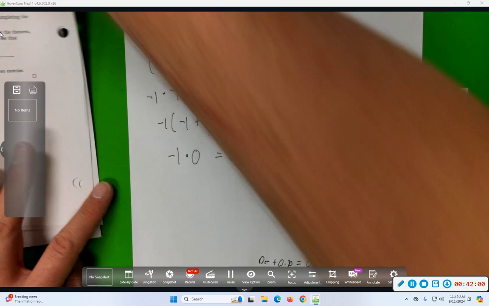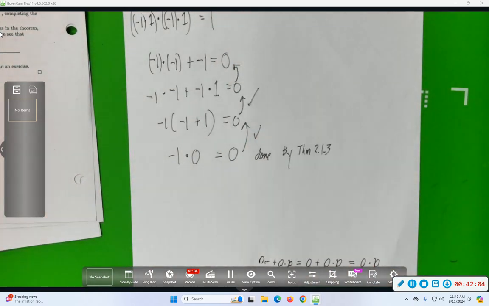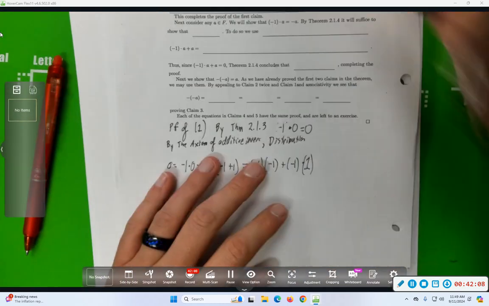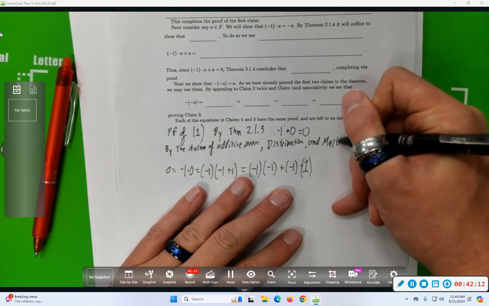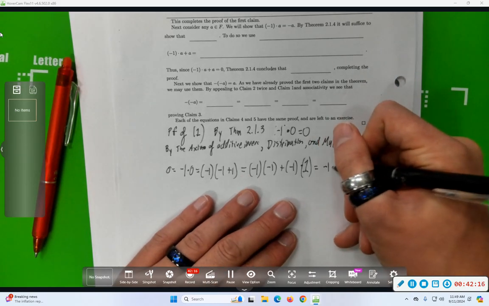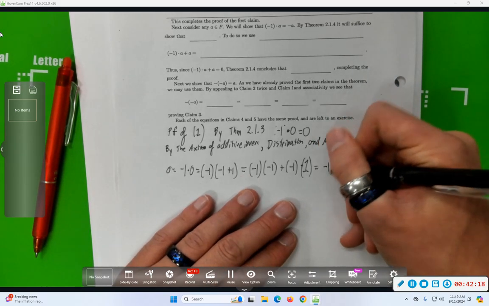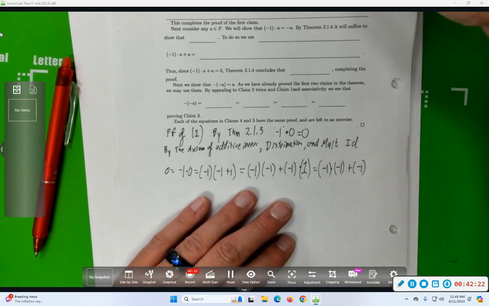Cool. What goes on in this next step? Multiplicative identity. And multiplicative identity. All right, so far so good.